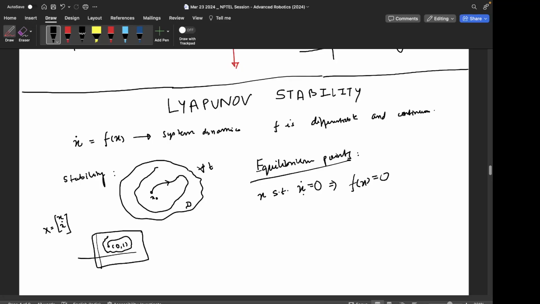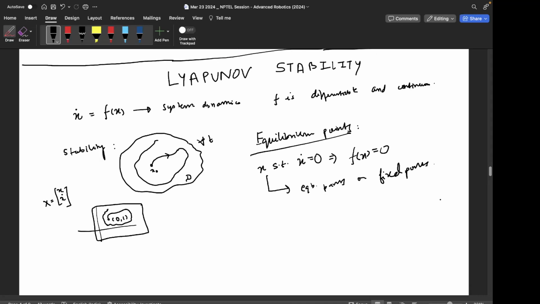These x are called equilibrium points, or they are also called fixed points, right? The idea of equilibrium is very straightforward: x dot is 0 means that if you place the system at that point, then the system state will not change, which for a pendulum is the bottommost point. If you place it precisely there, the system will not move from there.